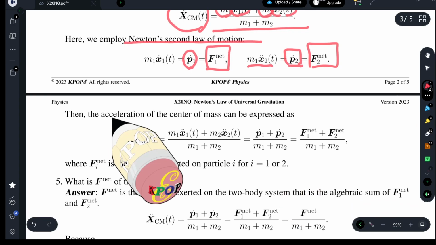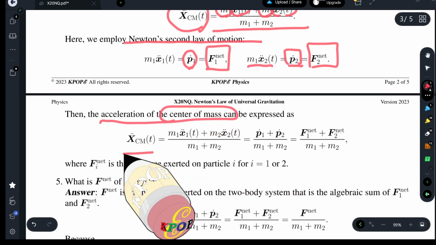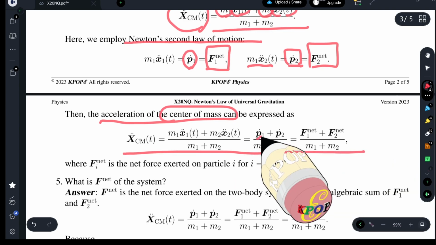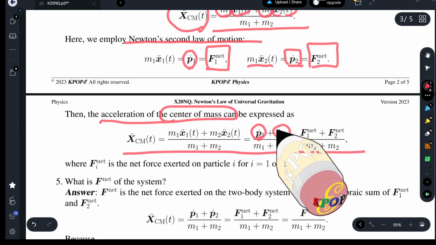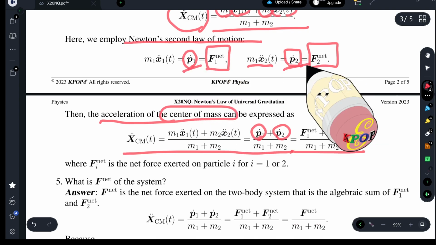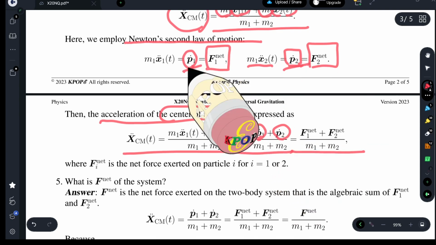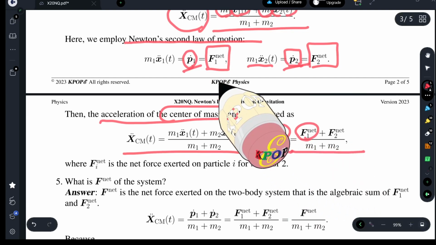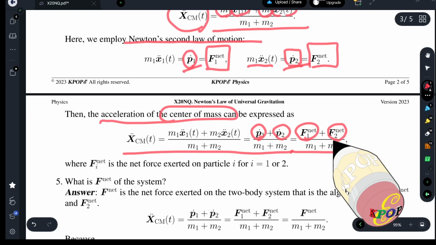Then the acceleration of the center of mass is now expressed like this. What's that? This is the time derivative of each particle's linear momentum. That is the net force applied to the first particle and the net force applied to the second particle.